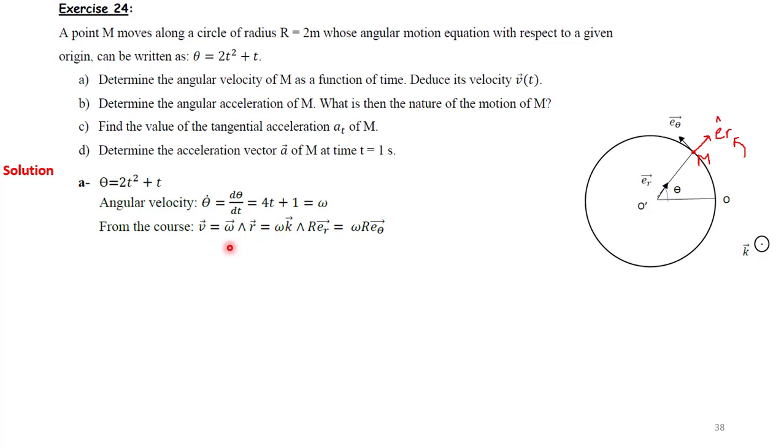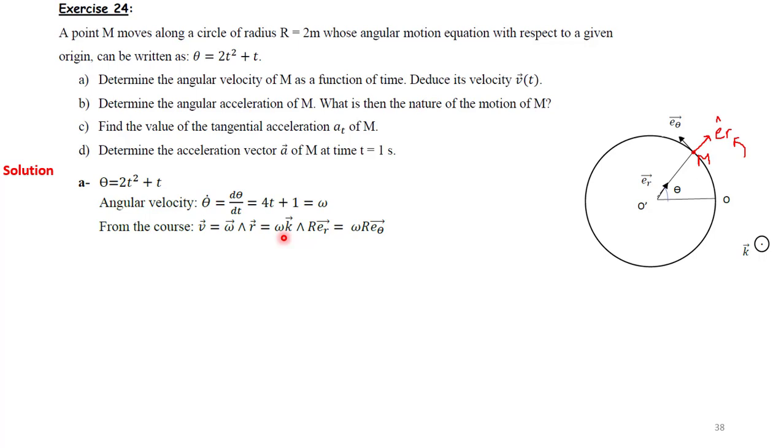So we can write that omega can be written as omega along k. If we go back to our velocity vector, v is equal to omega vector cross r. So omega is omega along k cross r. R is in fact here equal to the vector O prime M. So it's equal to the radius capital R times the unit vector ER.